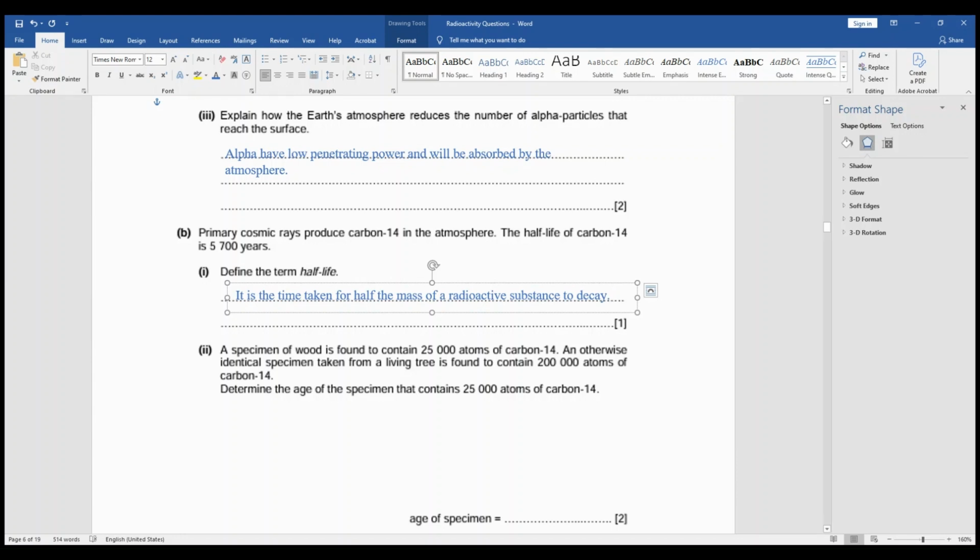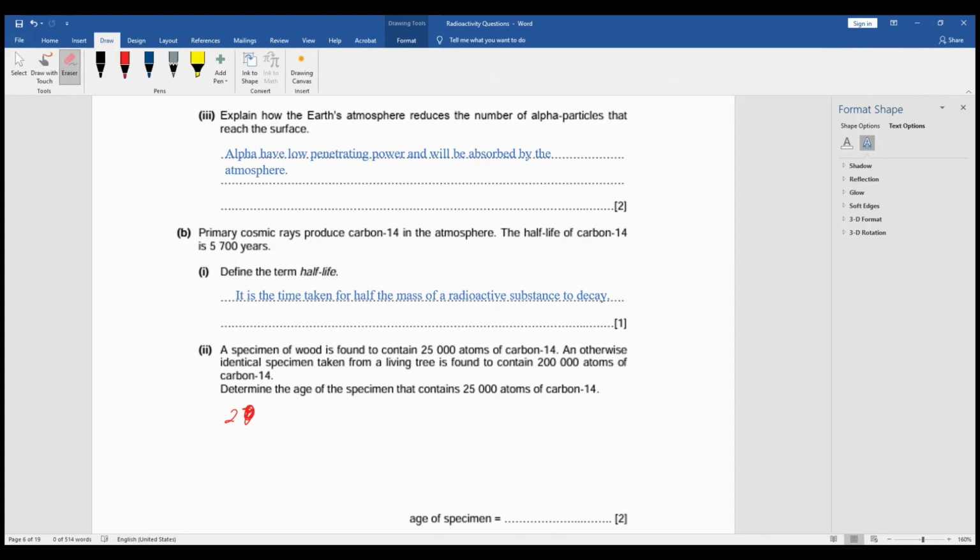Okay, let's calculate how many cycles have gone by from 200,000 to 25. So we start with 200,000 and then we drop to 25, because the living specimen is 200,000 and the specimen of wood is 25.